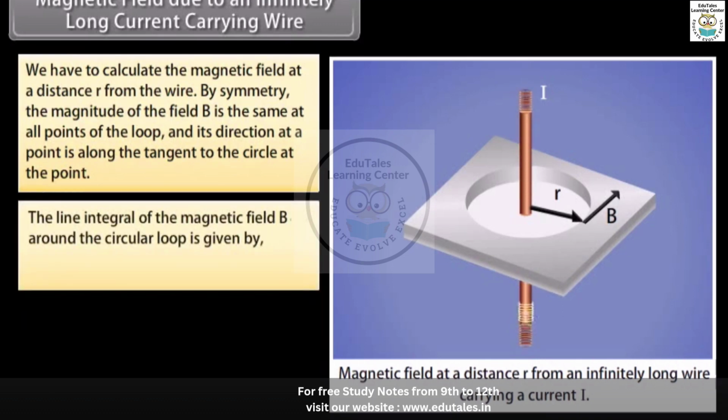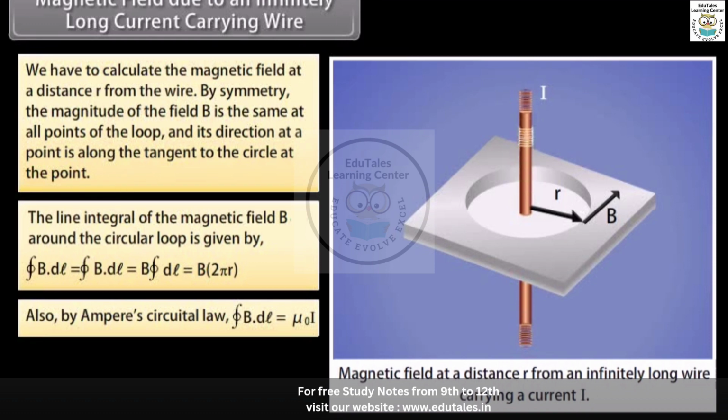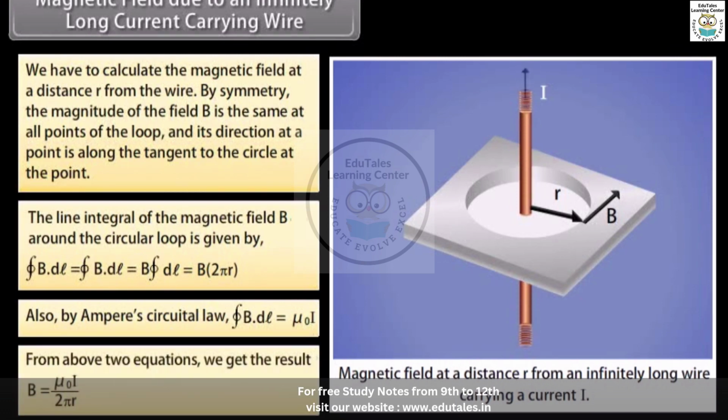The line integral of the magnetic field B around the circular loop is given by the product of B and 2 pi r. Also, by Ampere's Circuital Law, the closed integral of B dot dl equals mu naught I. From the above two equations, we get the result B equals mu naught I divided by 2 pi r.